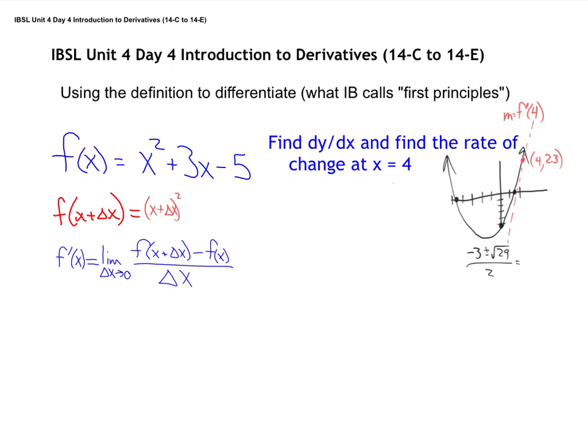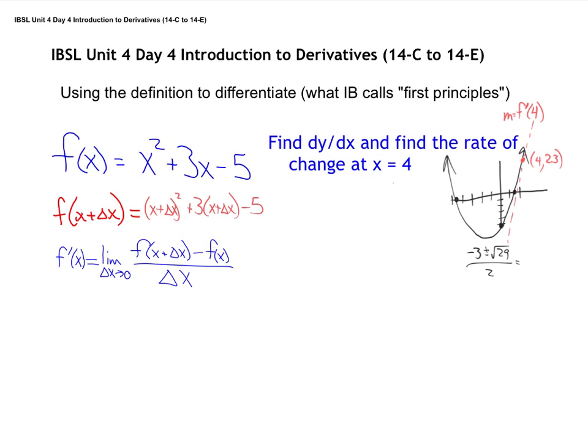So I'm going to put in an x plus delta x right here, so that's squared, plus 3 times x plus delta x, minus 5. Notice, I'm not just putting an x plus delta x in a formula, I'm actually evaluating the function at x plus delta x.